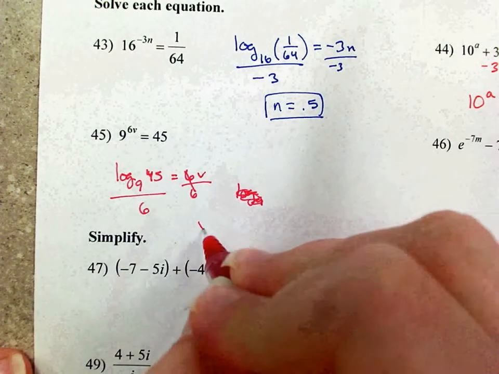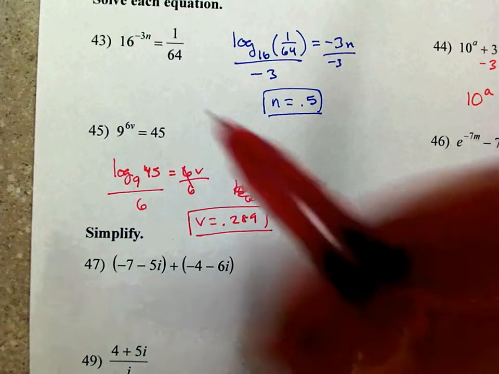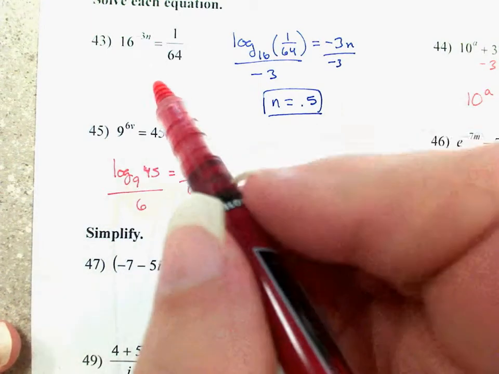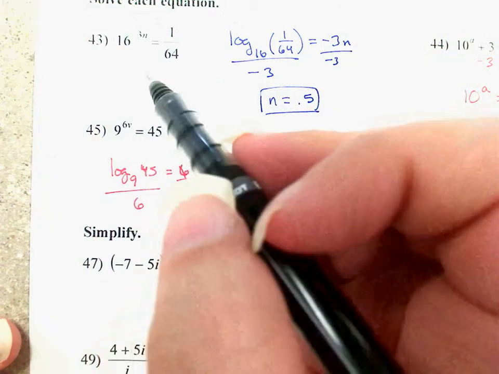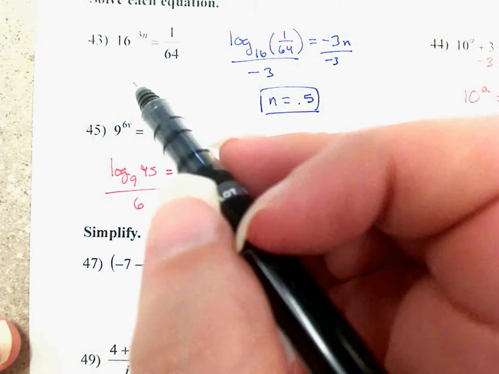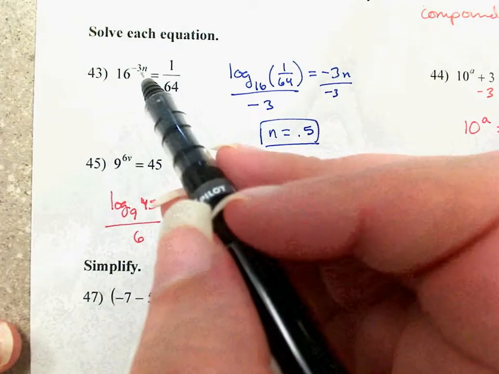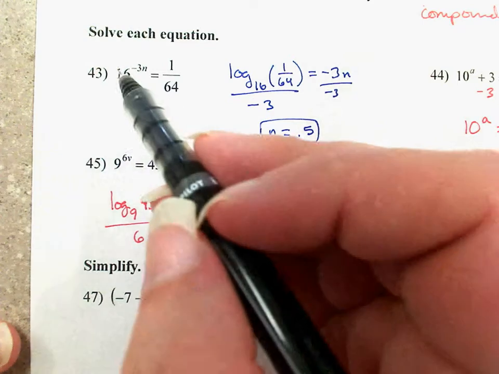I will say this one right here, on number 43, just to go back to that for a second. The only reason I said that you didn't have to do it that way is because 16 and 64 share bases in that either 4s or 2s. If you look at 2s, 16 is 2 to the 4th and 64 is 2 to the 6th. If you look at 4s, 16 is 4 squared and 64 is 4 cubed. Let's go ahead and go with 4s.